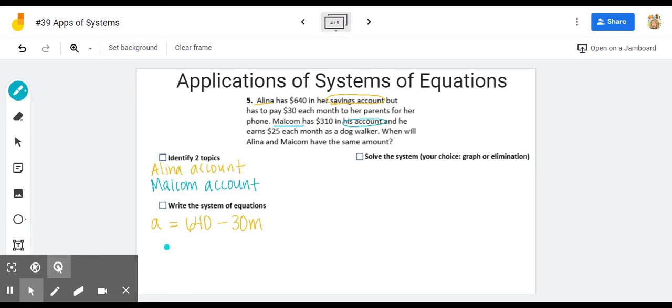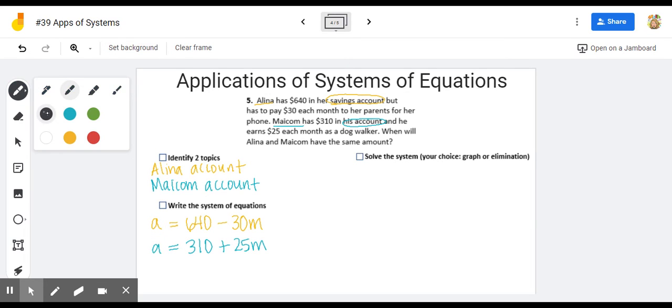And this is how much she has in her account, the money that she's got. All right, but Micah, he has $310 in his account, and he earns $25 per month for dog walking. So in his account, we could represent that by this equation. So now, guys, let's actually use our system and find me the intersection point.